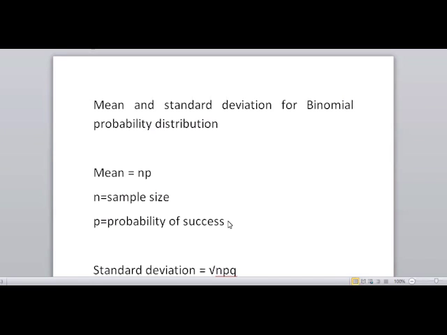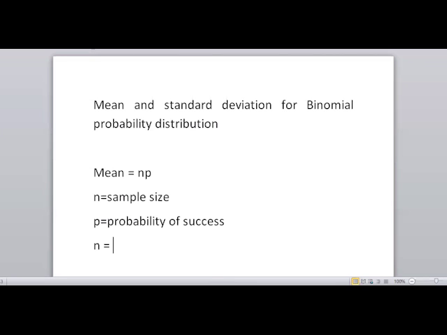So in the previous example, what was the n in that community where we did the sampling? Was n equal to 6 or 5? It was 5. Okay, good. So we say our n is equal to 5.